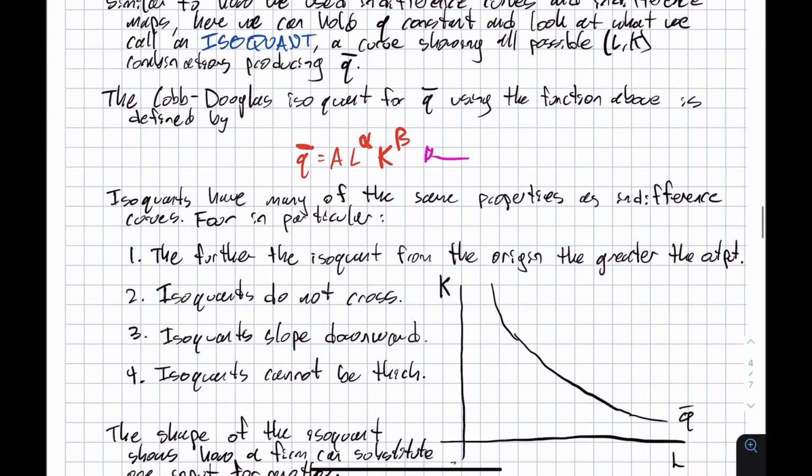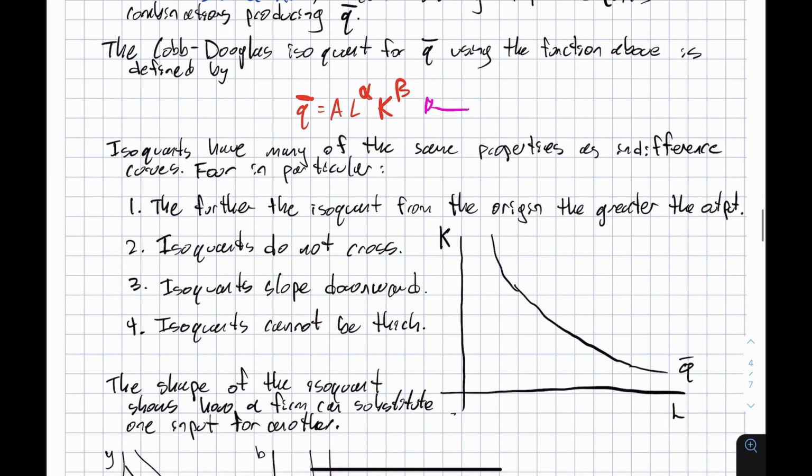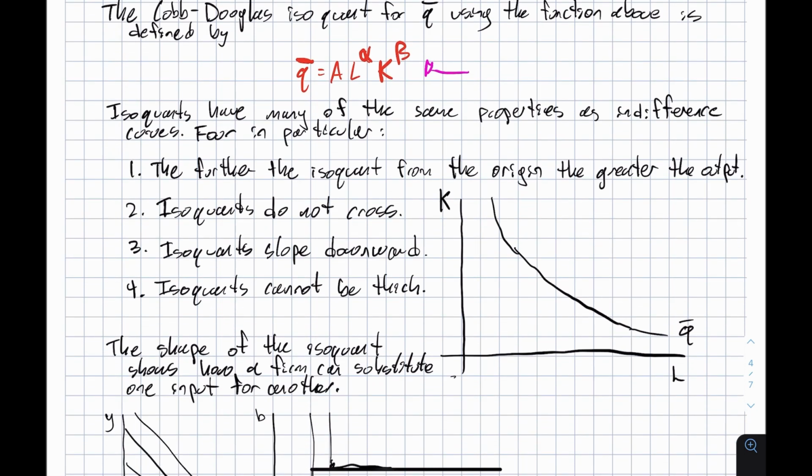And really, the intuition for isoquants is very similar to that with indifference curves and utility functions. In the background, you should be rhyming this with our discussion of utility curves, which is analogous to the production function, and the isoquant is analogous to the indifference curve.